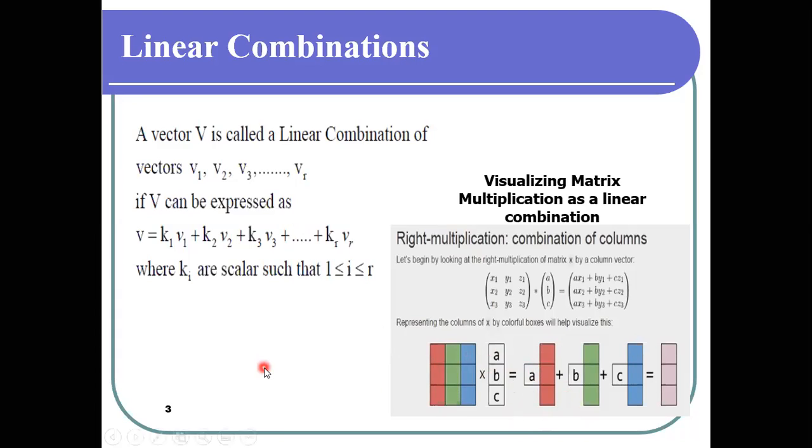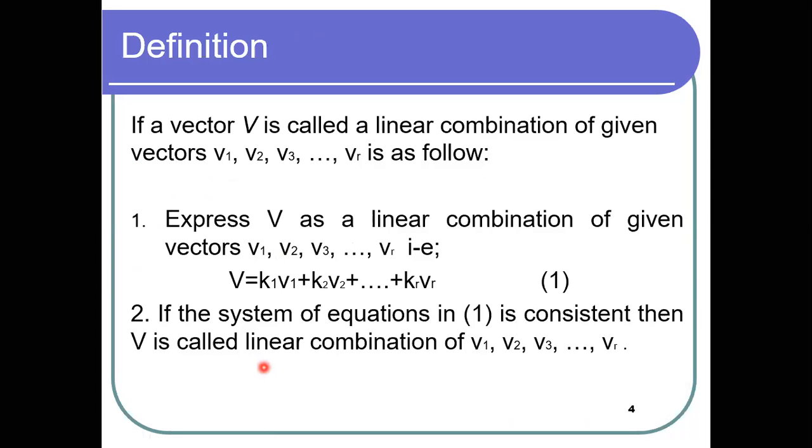Let us elaborate this with the formal definition. A vector V from any vector space is called a linear combination of given R vectors from 1 to R if V can be written as a linear combination of R vectors where K1, K2, up to KR are scalars. This gives a system of equations in terms of the Ki.